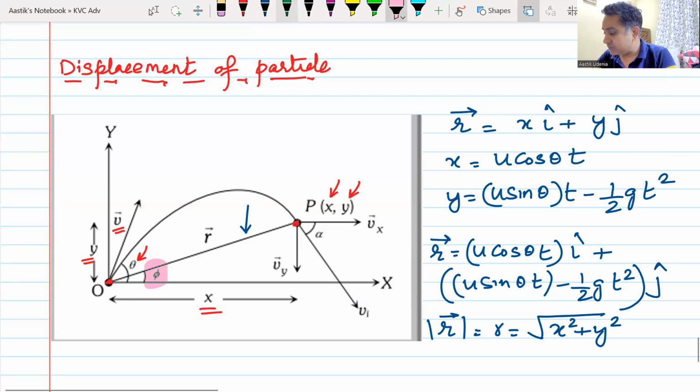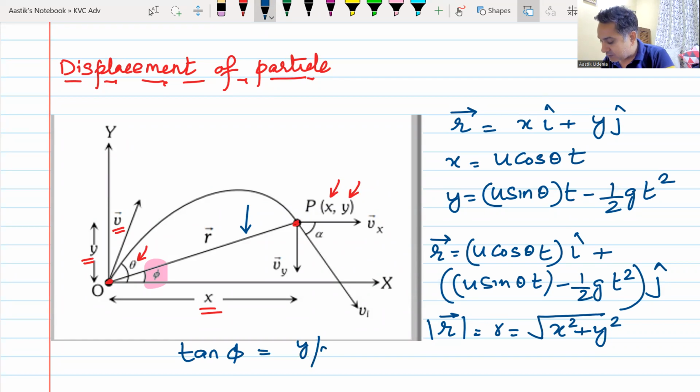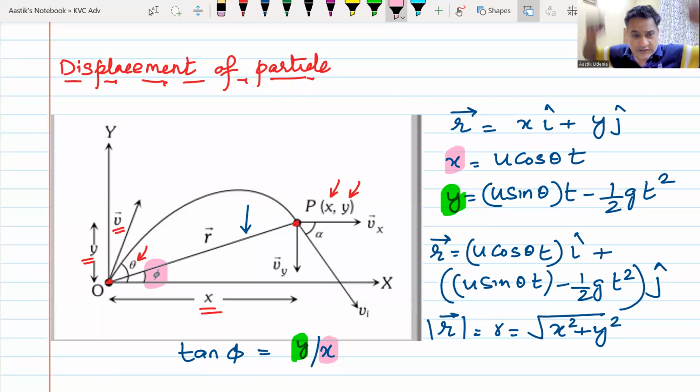If someone asks you a very difficult question, what is the value of this tan phi, the angle that it makes with the origin? You can simply find it by dividing y by x. Your y is this, your x is this. Can I have raised hands from everyone that we understand this, my dear friends? I'll give you a minute to note it down.